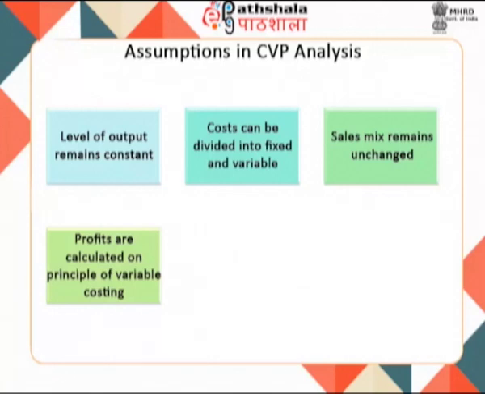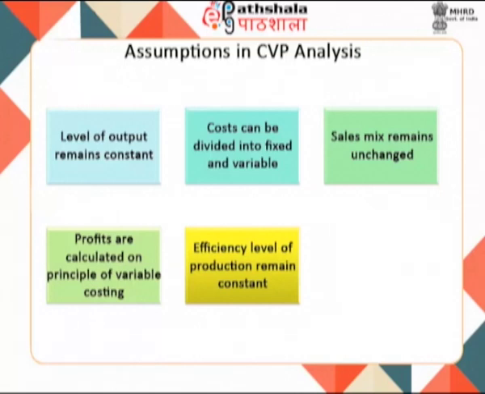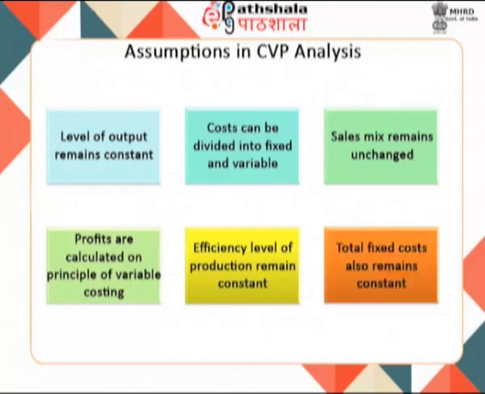Number 5, the efficiency level of production is assumed to remain constant, that is, there is no productivity gain or loss. Lastly, it also assumes that total fixed costs remain constant over the entire range of activity being considered.